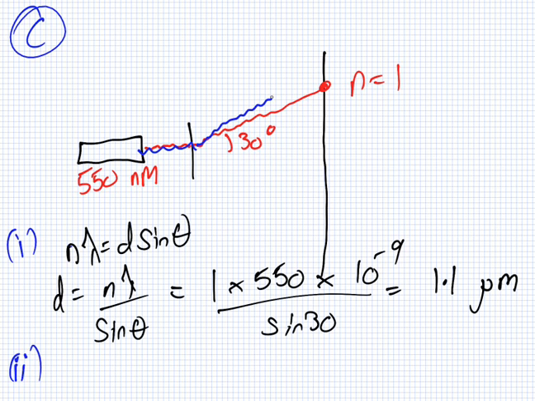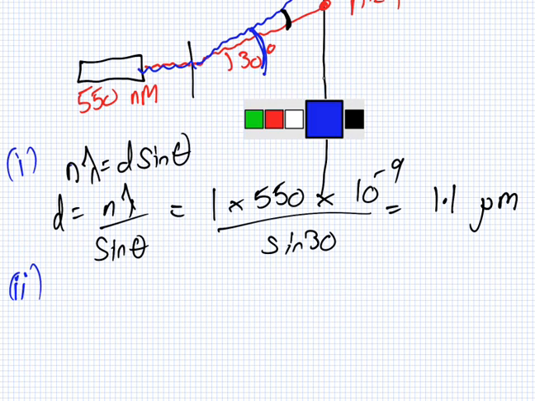So what's going to happen is here we can find this angle, and what they want to know is what is the difference between the two angles. They want to know what is the angular separation, the angle difference.